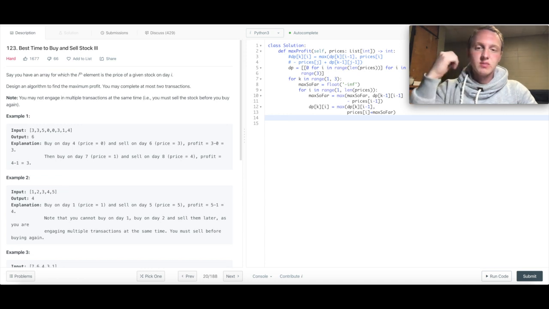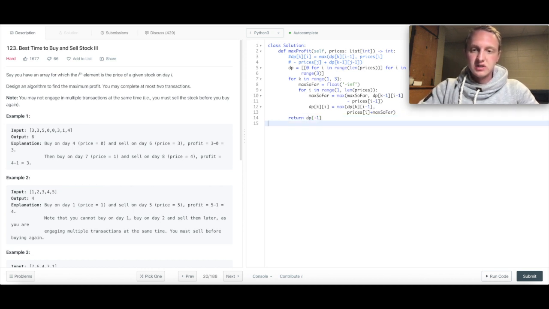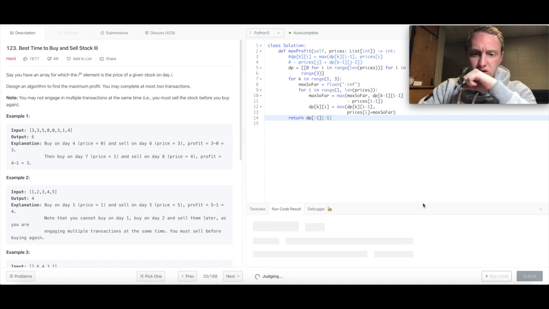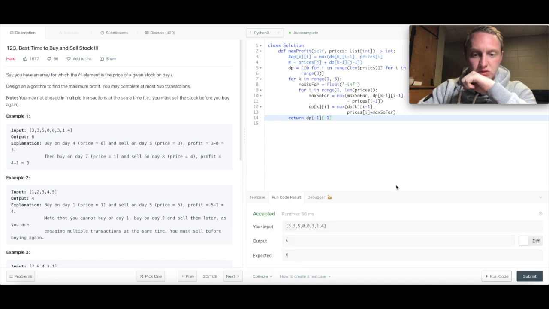I think it's correct. And at the end, we would return the last value of our dynamic programming table. Let's run it and see. Yeah, so it gives us the correct result.